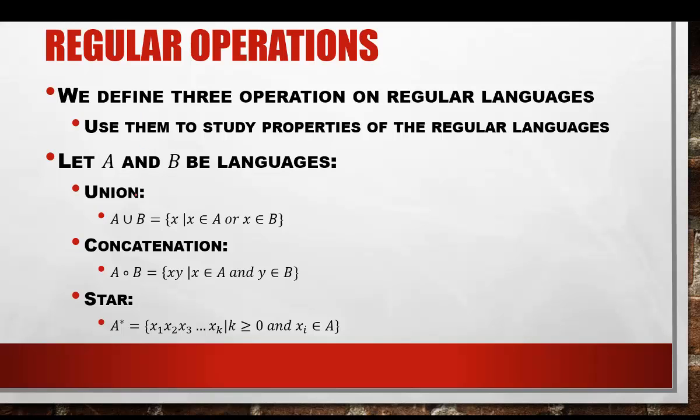Now, when I talk about the union, as a kind of byproduct of that I will also talk about the intersection of two languages, as well as the complement of a language. So in this unit, we will cover these three operations: union, intersection, and complement, because they're fairly similar to each other.